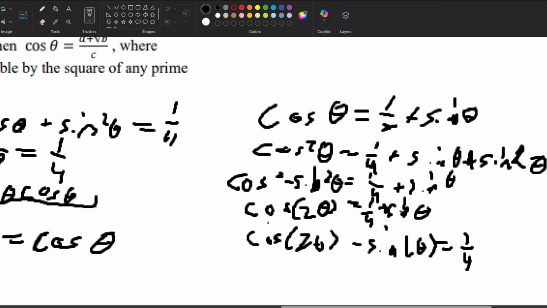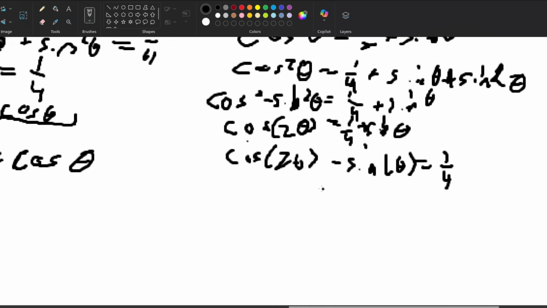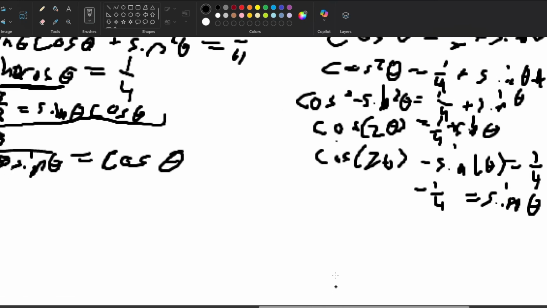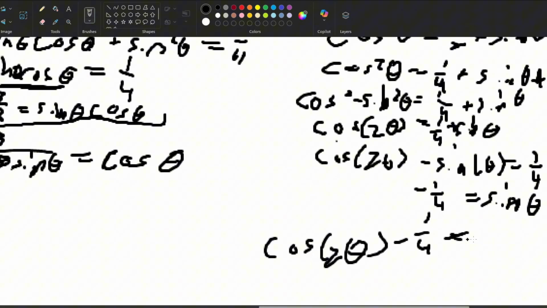Can I now set these equal to each other maybe? So then I'll just keep this the same. Minus 1/4 is equal to sine theta, and then here, I have cosine of 2 theta minus 1/4 is equal to cosine of theta minus 1/2.